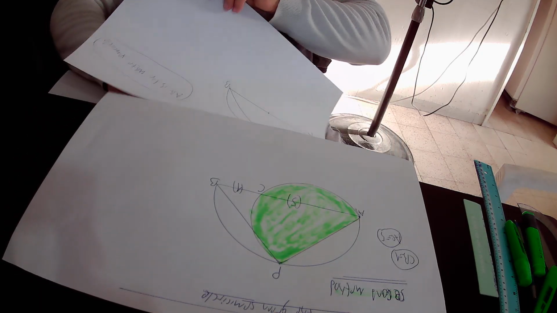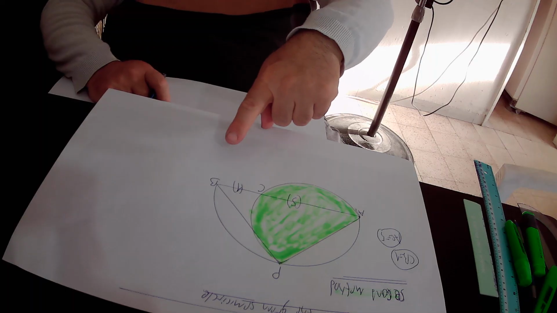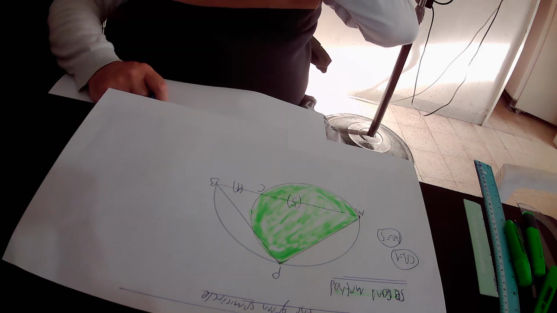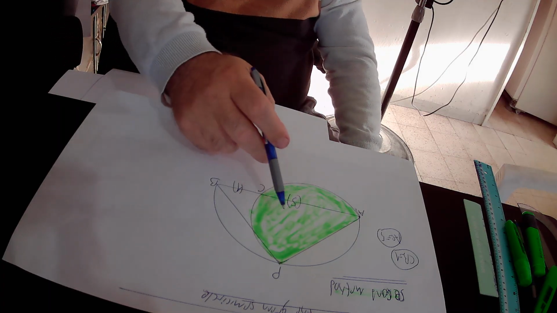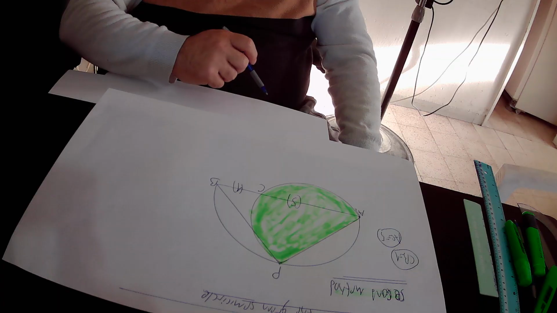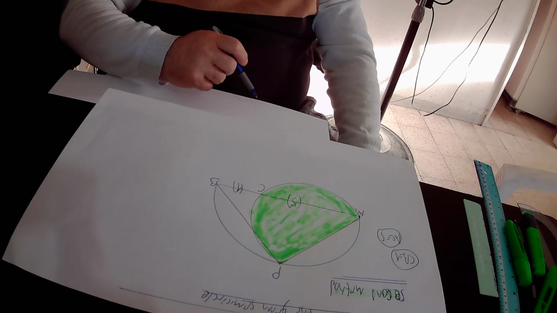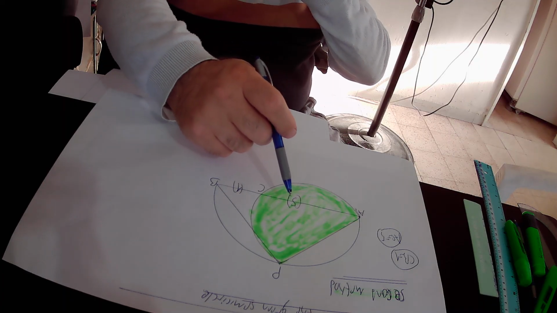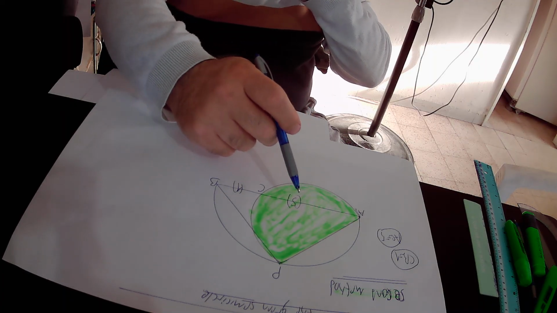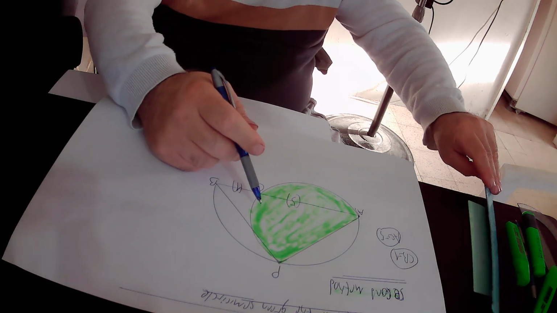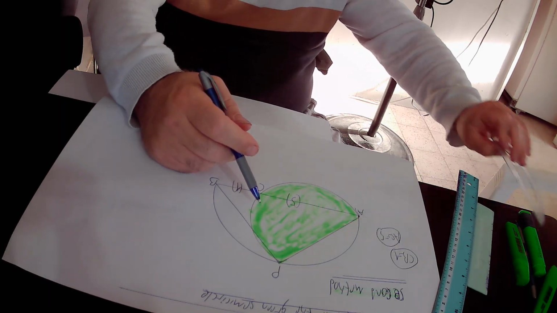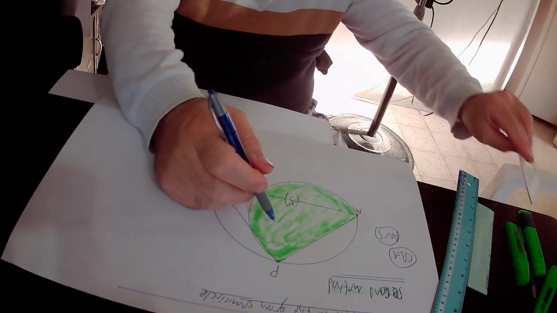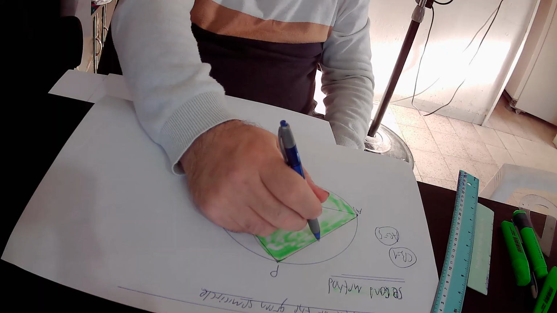So here, line segment BP is perpendicular to PA. And PA is the diameter of the green semicircle. And we will find out the center of this green semicircle. So here, the center of this green semicircle is here.